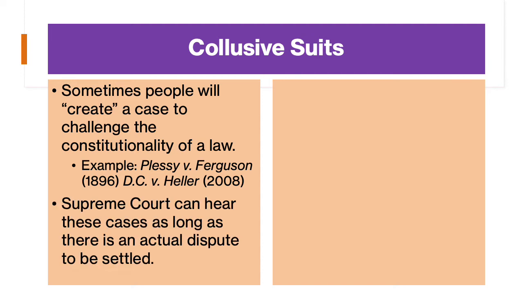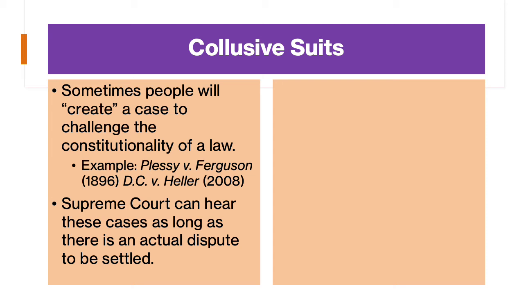Regardless, these kinds of cases the Supreme Court can hear. These would not fall into the category of collusive cases. That's because even though Homer Plessy was identified and agreed to riding a train car at a certain time and agreed in advance that he was going to go into the white train car, the state of Louisiana was opposed to that action.